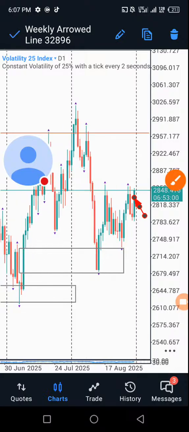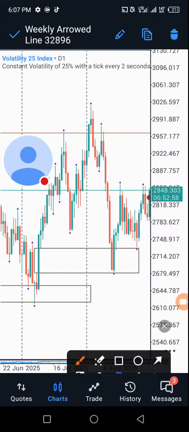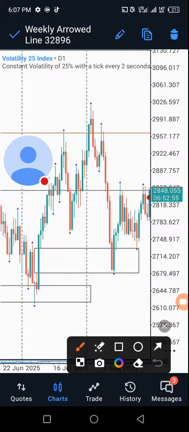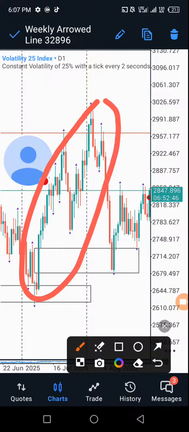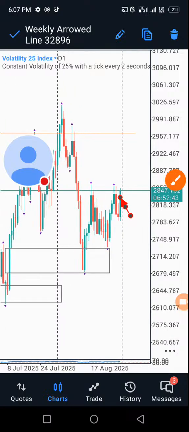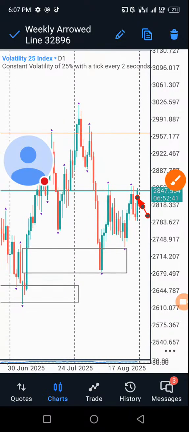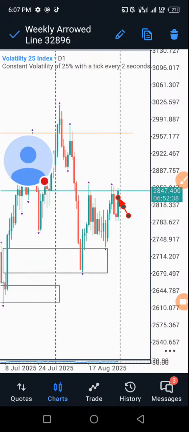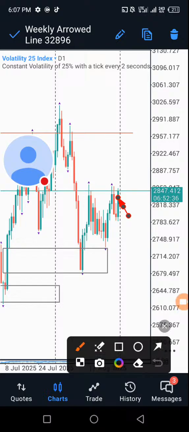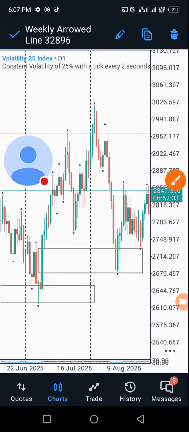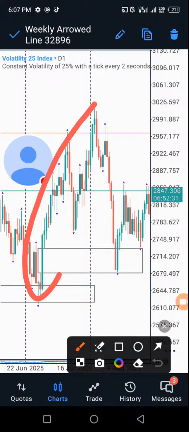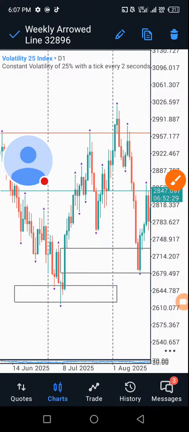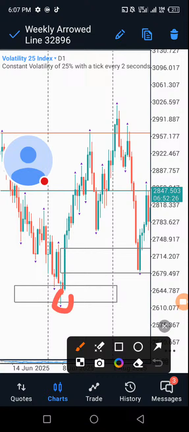Now if we look at this leg here, we want to analyze this leg here now. And the reason why I want to analyze it now is it will help us to know our time for buying opportunities. Okay, so let's look at this leg here. Remember we said this is our low here.